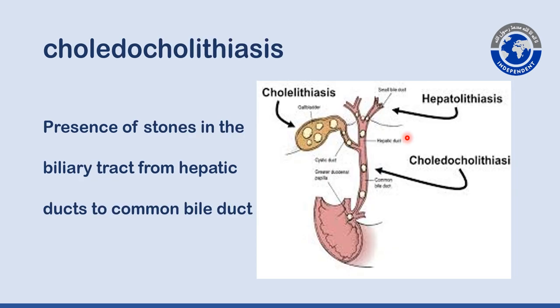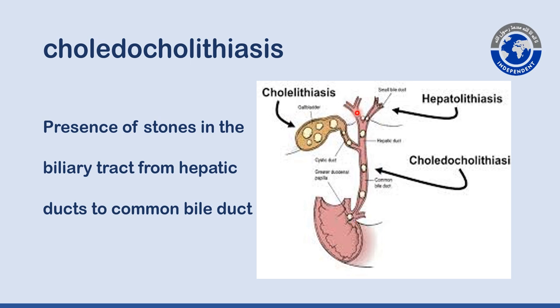Choledocholithiasis is the presence of stone in the biliary tract starting from the hepatic duct to the common bile duct. You can see here that there are two hepatic ducts, right and left. They join to form common hepatic duct, and after joining the cystic duct, it becomes the common bile duct.